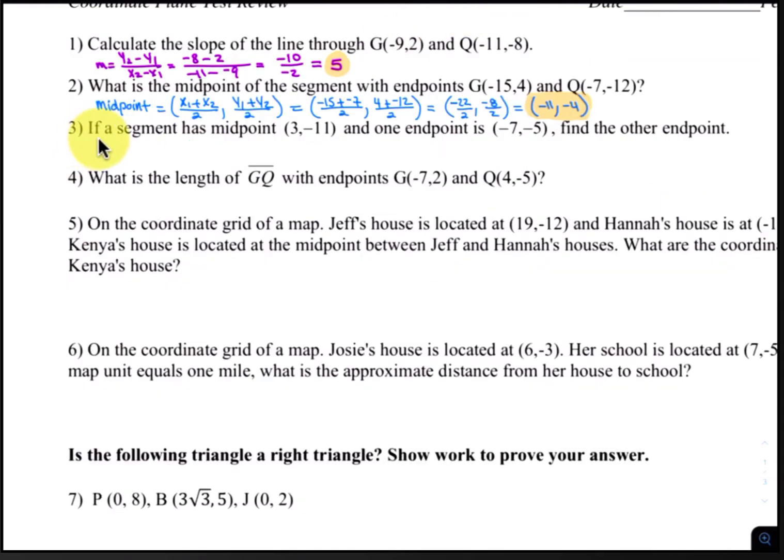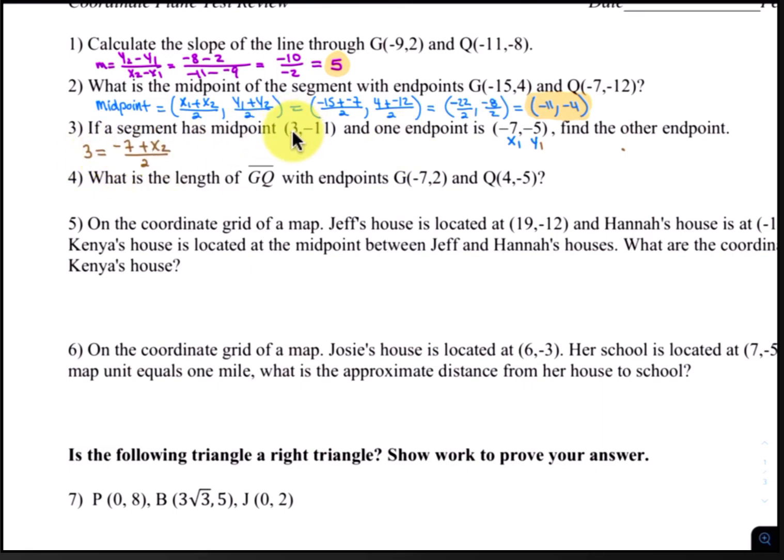All right, number 3. It says if a segment has a midpoint of (3, -11), and one endpoint is (-7, -5), find the other endpoint. First, let's label one of the endpoints, (-7, -5). That would be x1, y1. Now, let's plug x1 into the midpoint formula along with the 3.